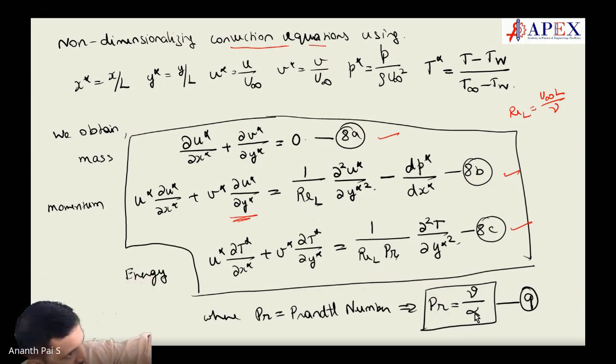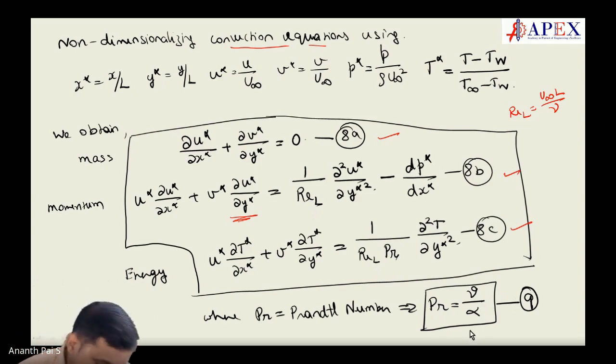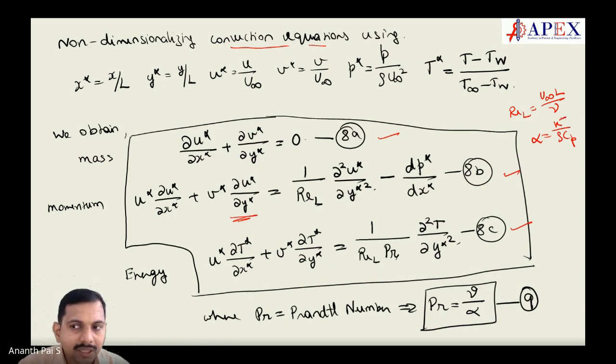Heat conducted by heat stored. See alpha, this is very important. Alpha is k by rho cp. What is k? k depends on how fast the heat is taken away. Rho cp says how much is stored, how big.